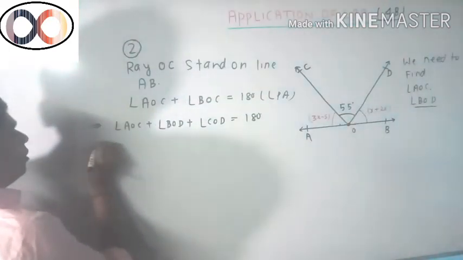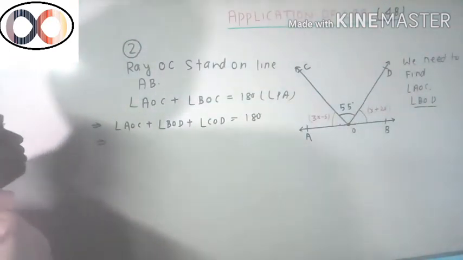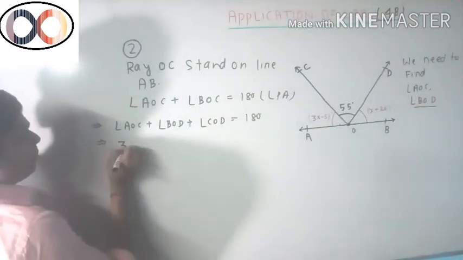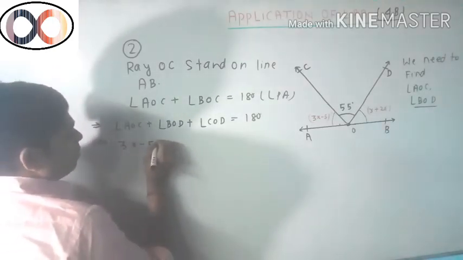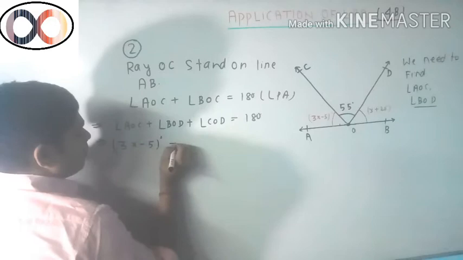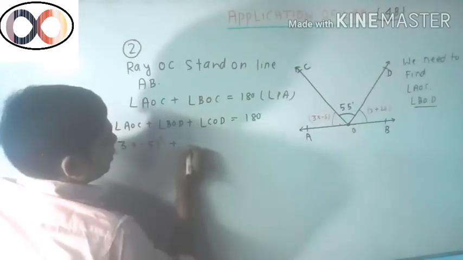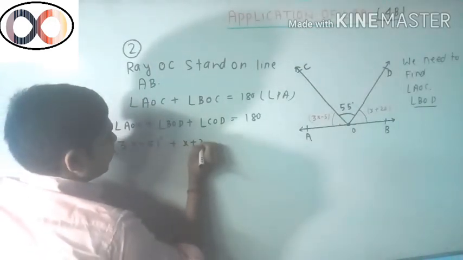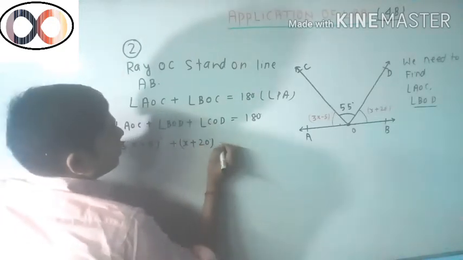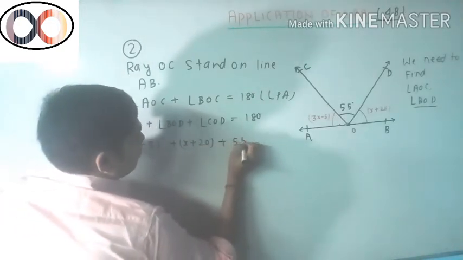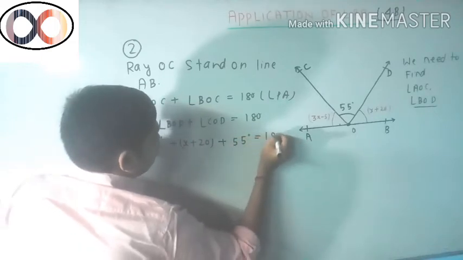We can put the value of AOC here as 3x minus 5 degrees, plus angle BOD, that is x plus 20 degrees, and here COD is 55 degrees, equals 180 degrees.